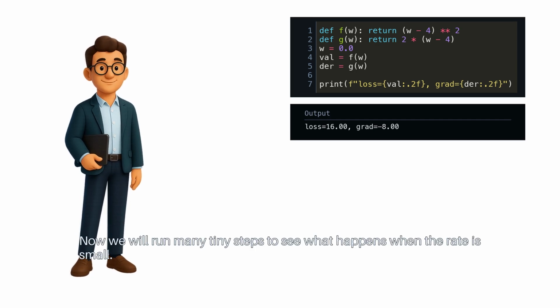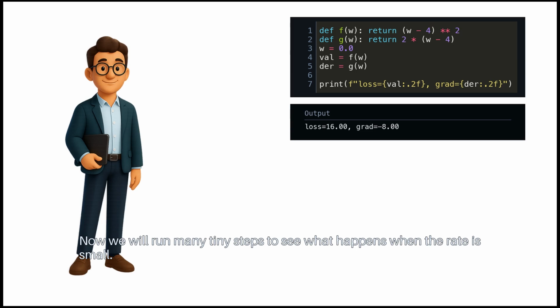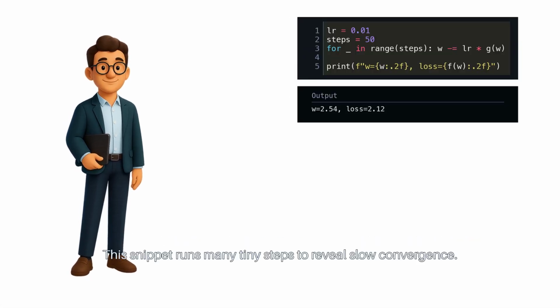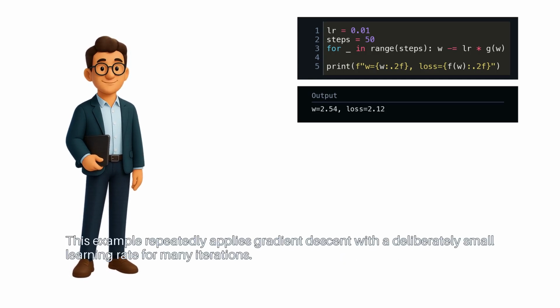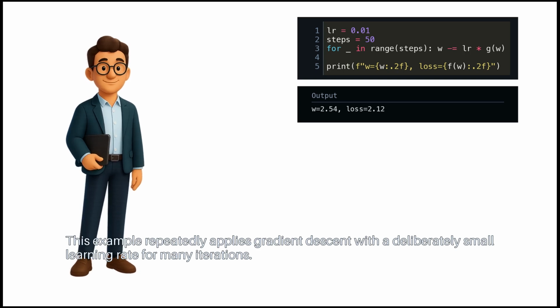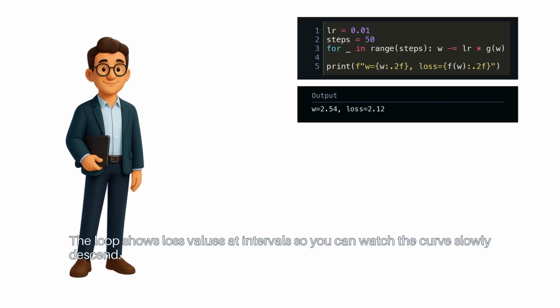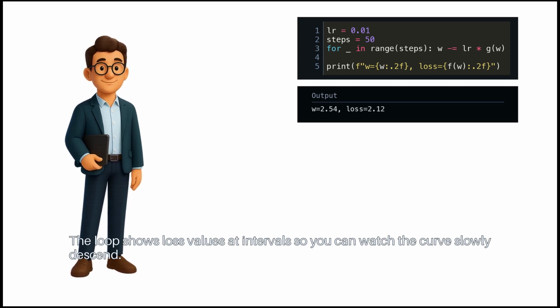Now we will run many tiny steps to see what happens when the rate is small. This snippet runs many tiny steps to reveal slow convergence. This example repeatedly applies gradient descent with a deliberately small learning rate for many iterations. The loop shows loss values at intervals so you can watch the curve slowly descend.